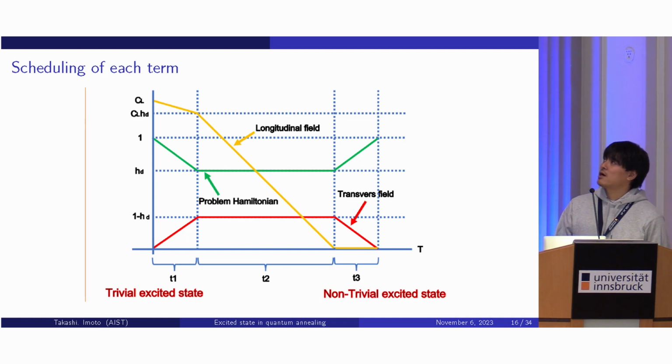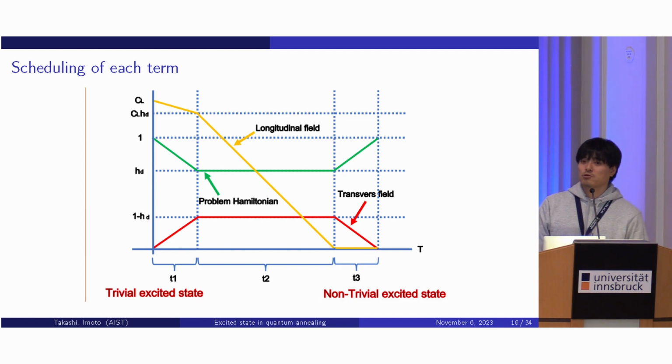Next, when t equals t1 plus t2, we consider the problem Hamiltonian with the transverse magnetic field. Finally, at time t equals capital T, we consider only the problem Hamiltonian, and we can obtain the non-trivial excited state of the problem Hamiltonian.